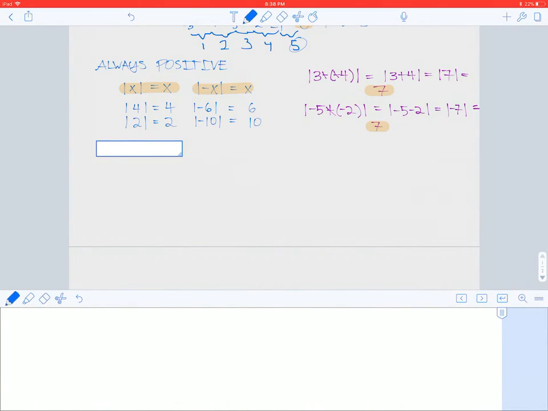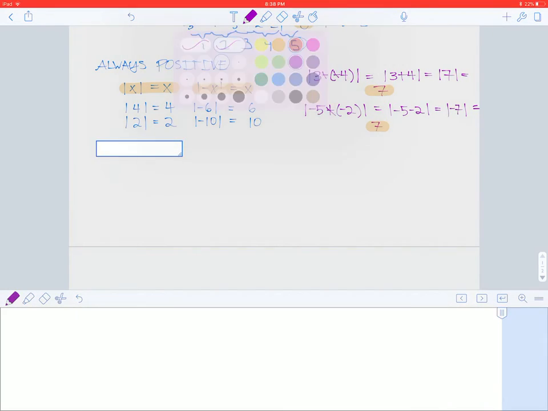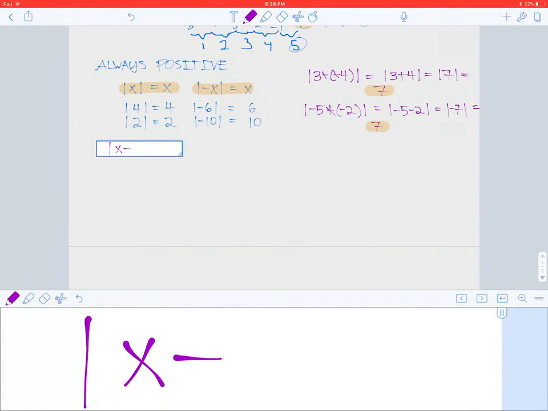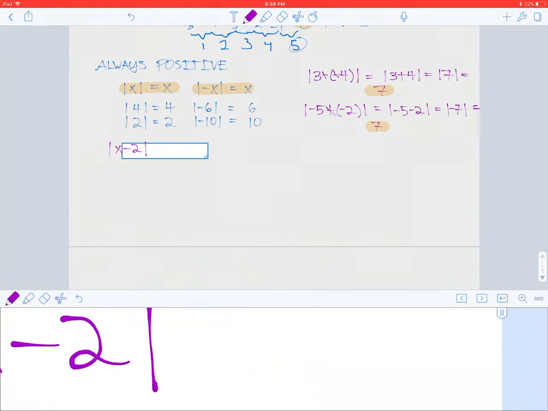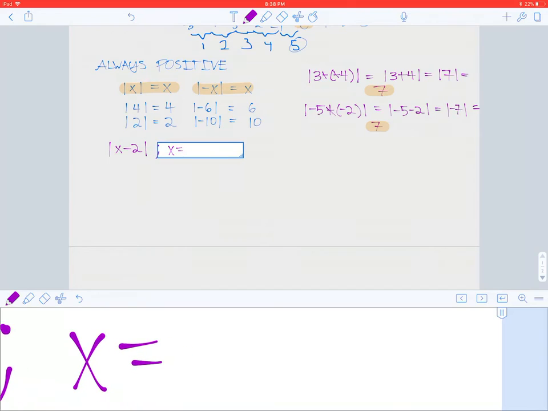Okay, so now what we can talk about is, what if we had something like this? If we had the absolute value of x minus 2 and x equals, let's just say, 0.